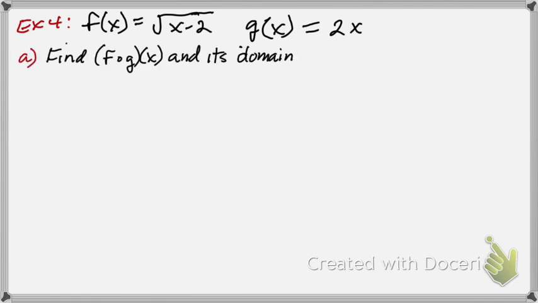So as you might guess, we're sending something to G, we're getting an output, we're sending that to F. So that means that every place I see an X here, I'm going to replace it with the output from G of X. So I've got 2X minus 2.